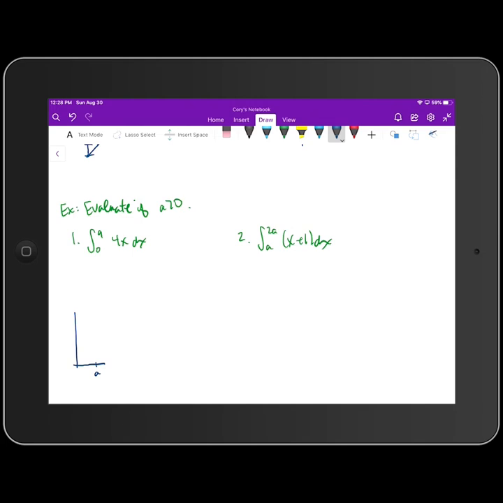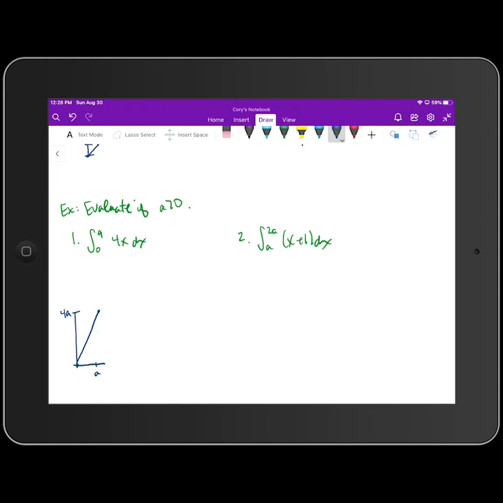If I plug a into the function 4x, the output is going to be 4a. So the 2 points on the graph of 4x are the point 0, 0. When I plug 0 into 4x, the output is 0. And then when I plug a into 4x, the output is 4a. So graphically, our function is going to look like so.